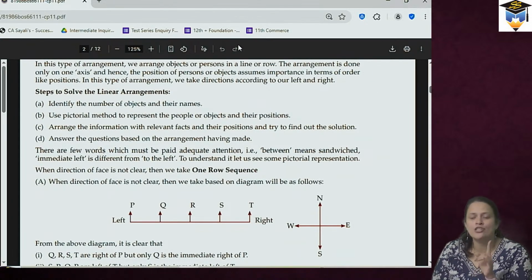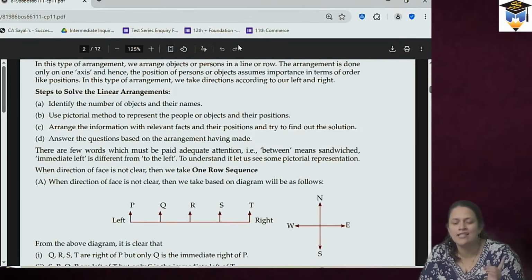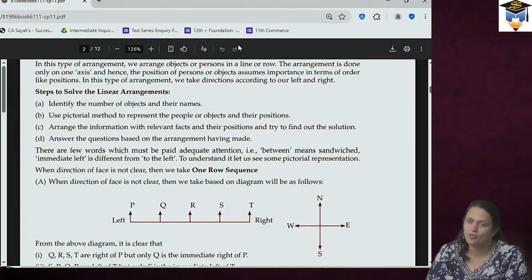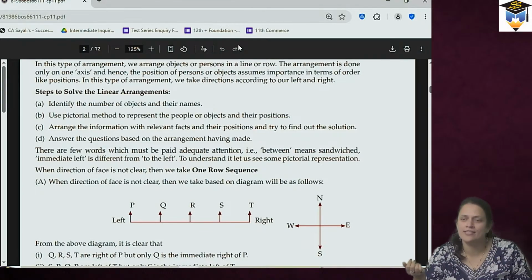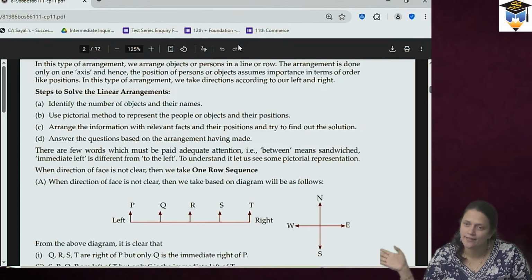So when the direction is not clear, then we take it as a first row sequence. Now I am facing you all. Which is my left side? Show your left side. Which is your right side?